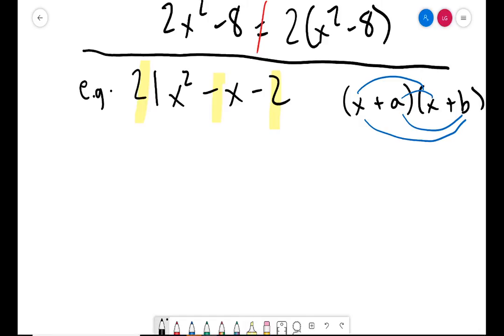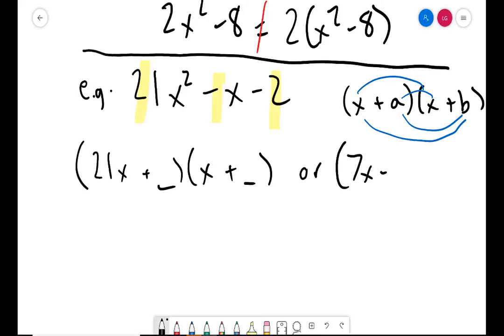So for example, from the first to the 21, we've really got two options. It's either going to be something like this, where we're needing to figure out what those are, or something like this, where we have to figure out what these two are.